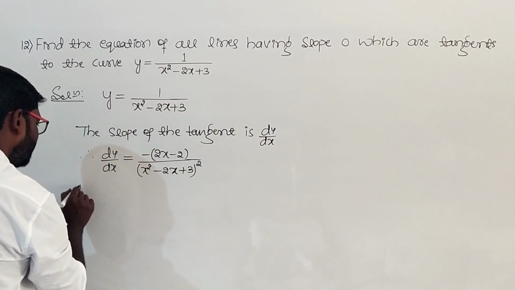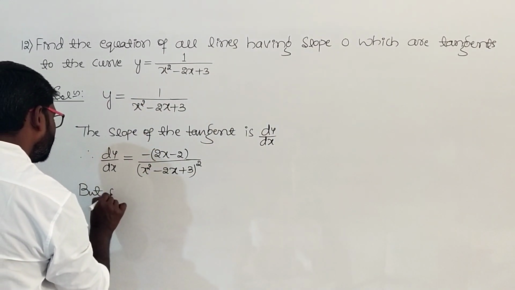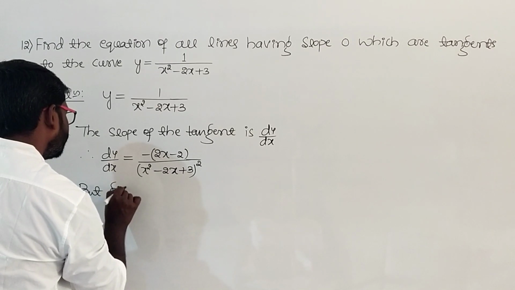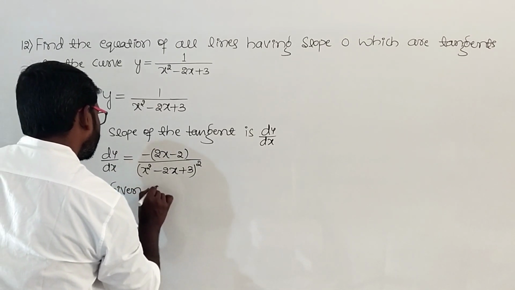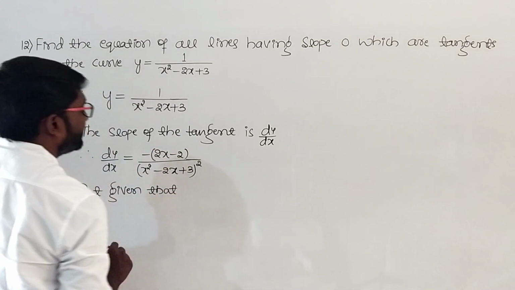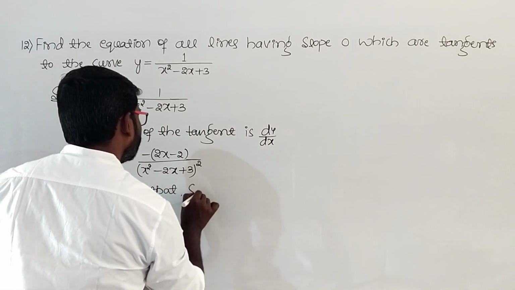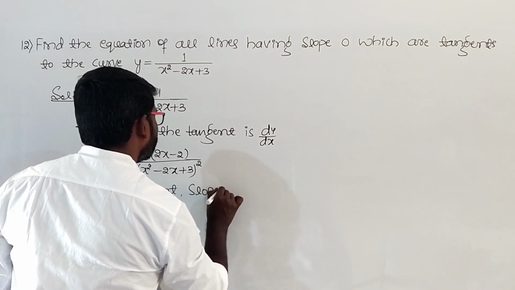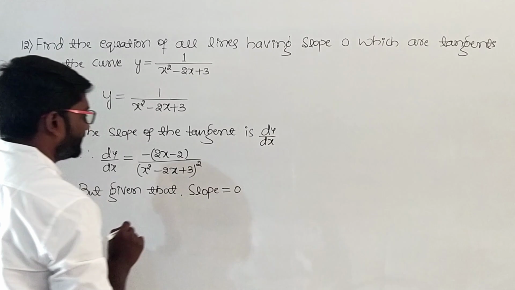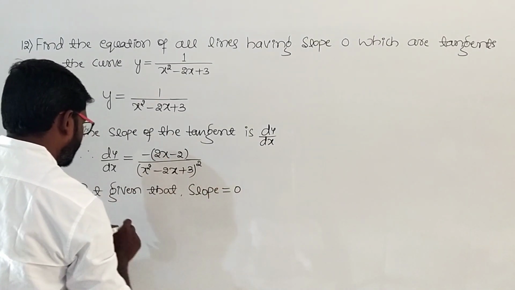Given that slope equals 0. Let us equate these two now.